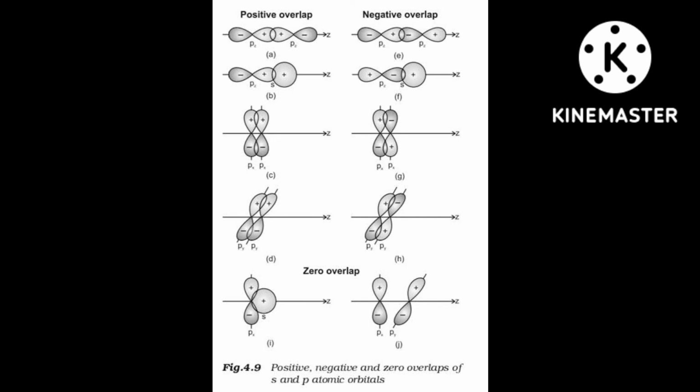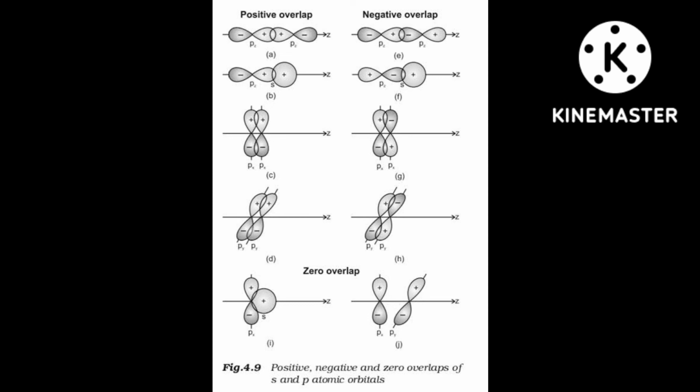This type of covalent bond is formed by end to end or head-on overlap, or axis-wise. It is formed by the end to end overlap, or head-on overlapping of bonding orbitals along the internuclear axis.